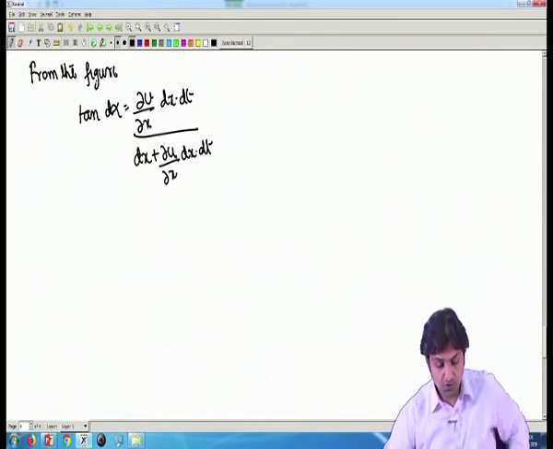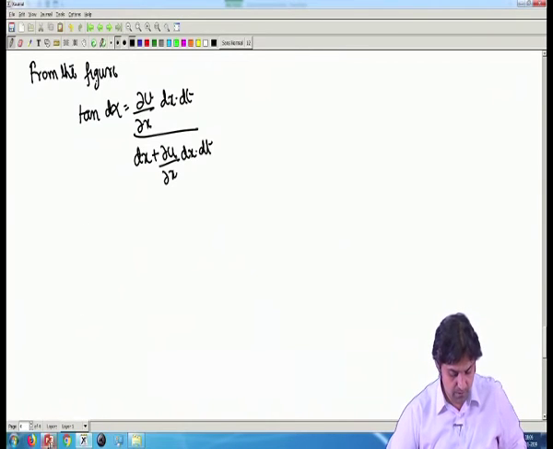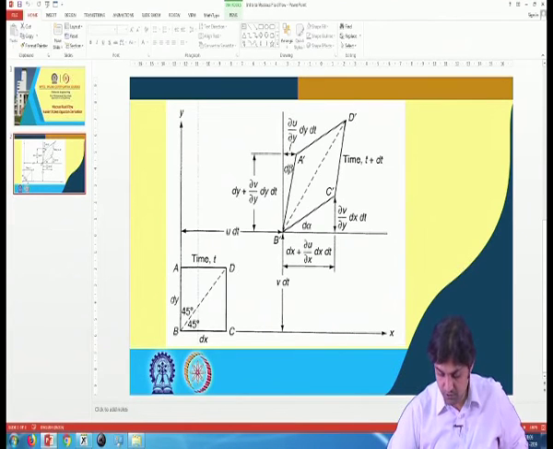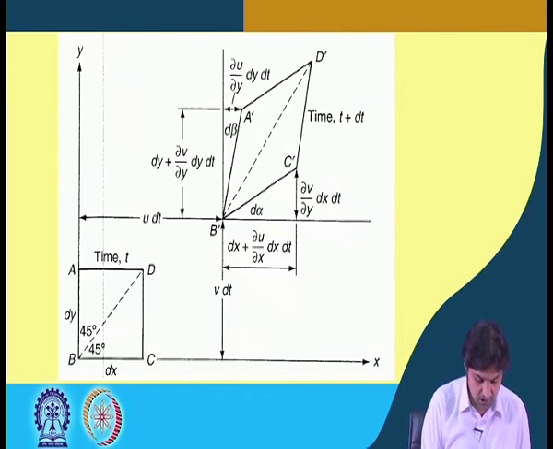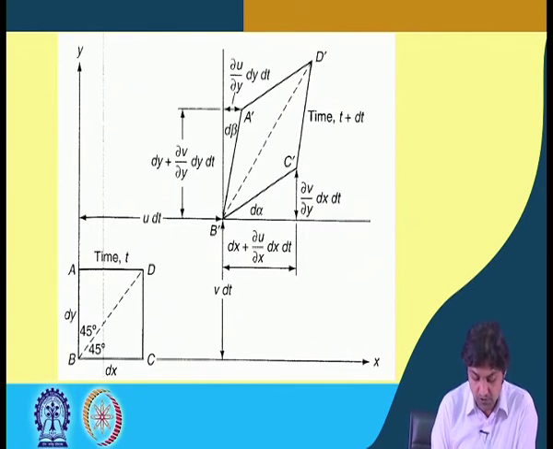Okay. So, let me go back to this figure and try to explain some of these components. You see, this was length dx, right.